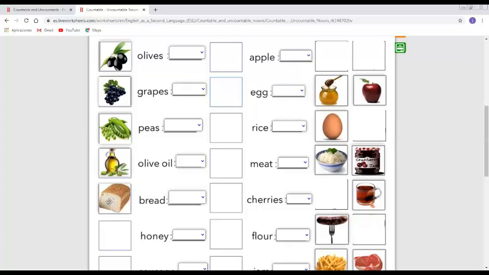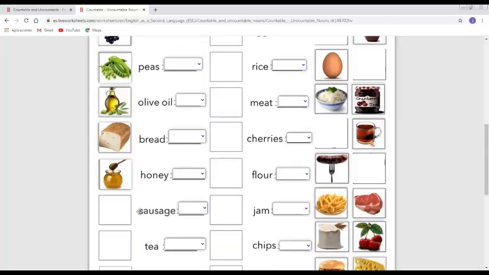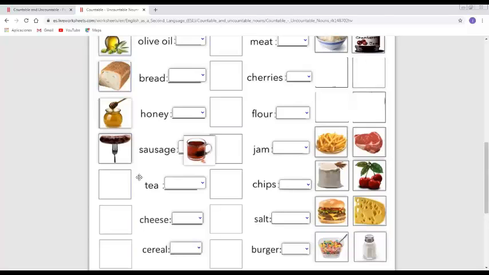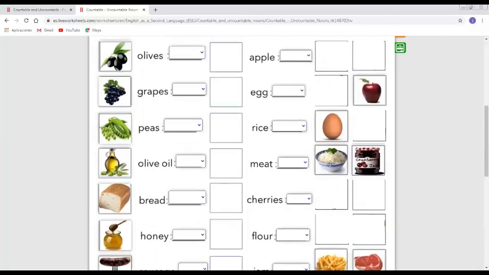Bread. Honey. Sausage. Tea. Cheese. Cereal. Continue with the next part. Apple.